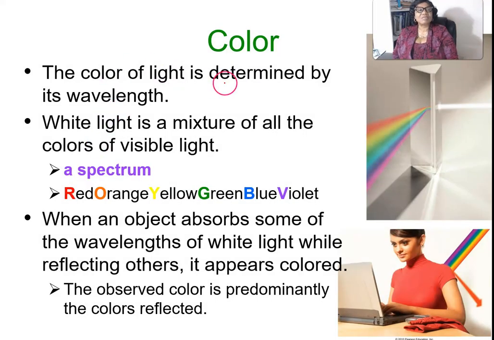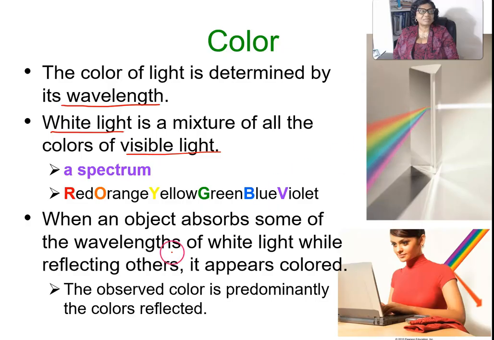So the color of light is determined by its wavelength. White light is a mixture of all the colors of visible light. We call it a spectrum. So that spectrum starts from red, it goes to orange, yellow, green, blue, then violet. You can see it here.